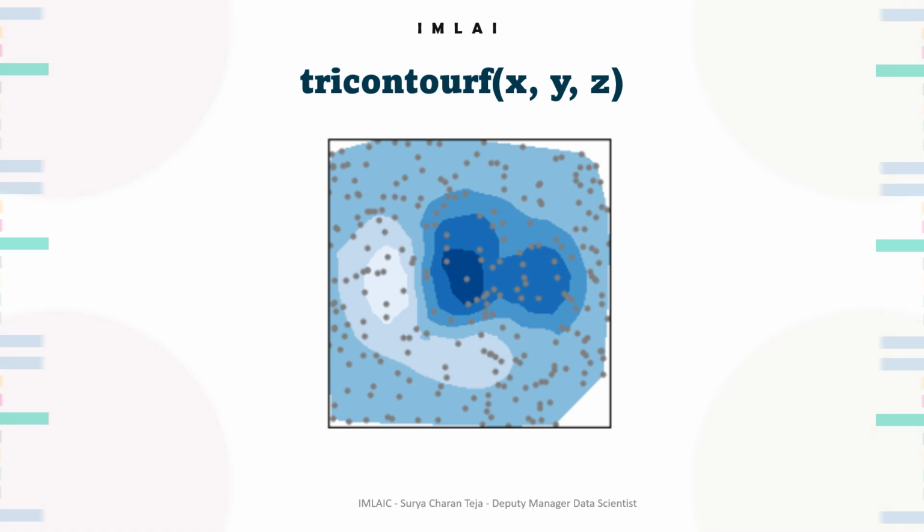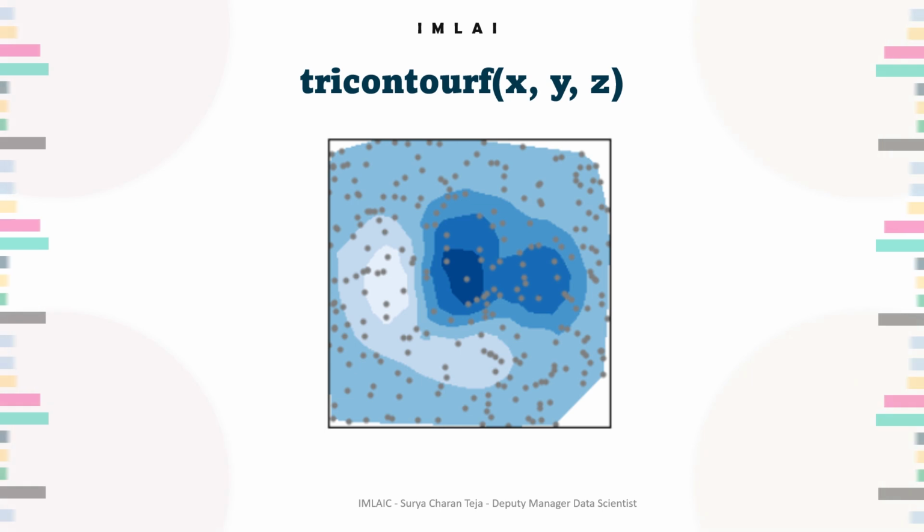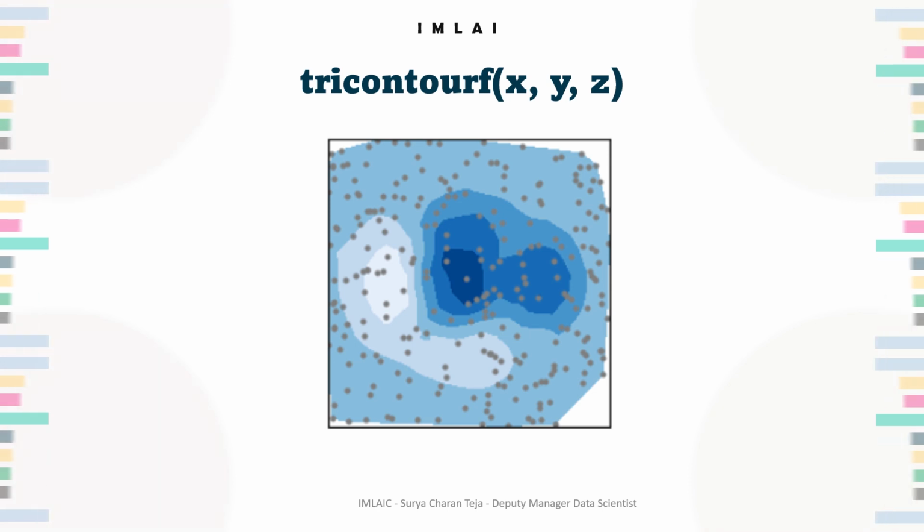It consists of different parameters, and each parameter is similar to tricontour. Let's look into that one more time. x, y: these parameters are the x and y coordinates of the data which is to be plotted. Triangulation: this parameter is a matplotlib.tri.Triangulation object.